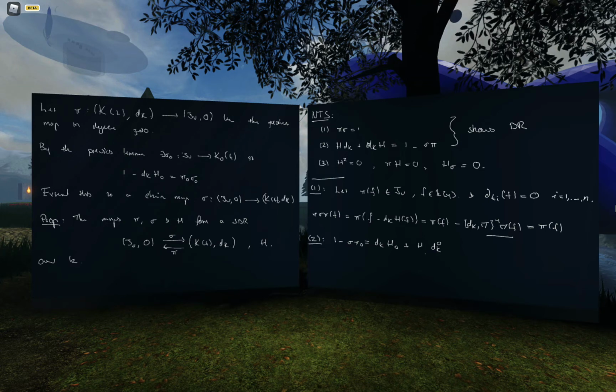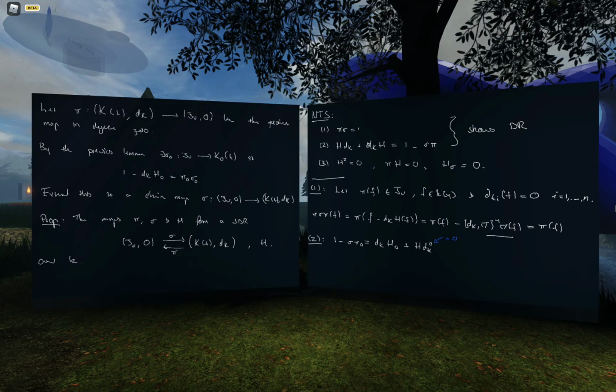Well, this thing is equal to 0, right? Because that's where the Koszul complex ends. Okay, so there's nothing really to prove there.